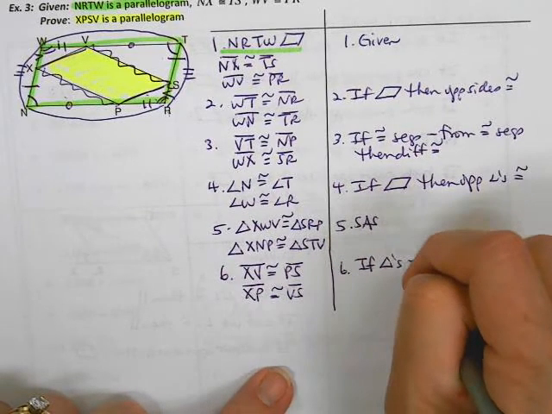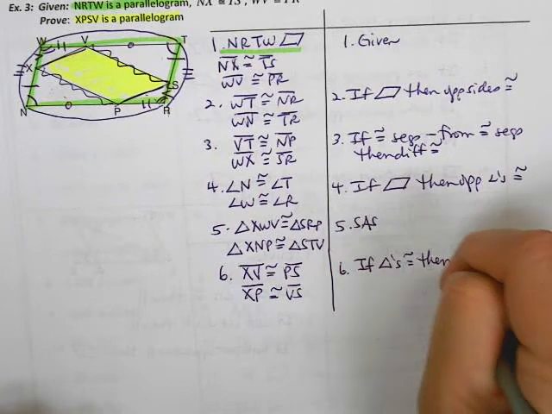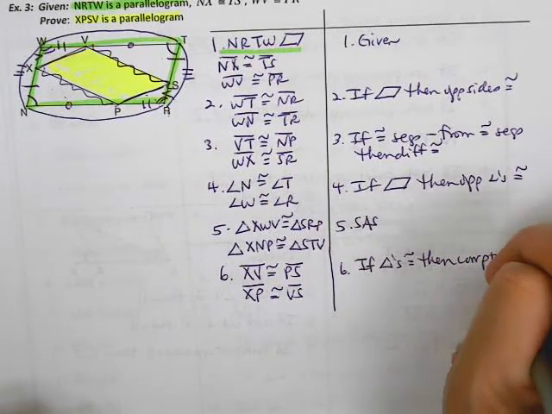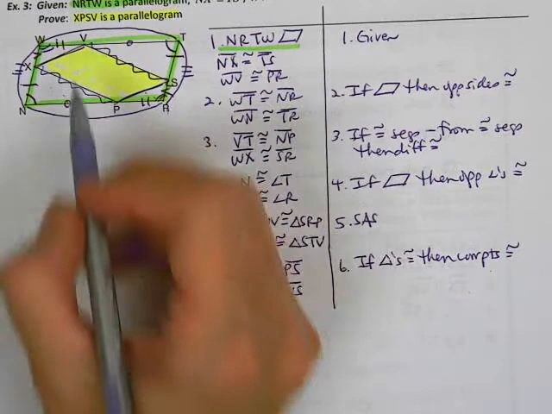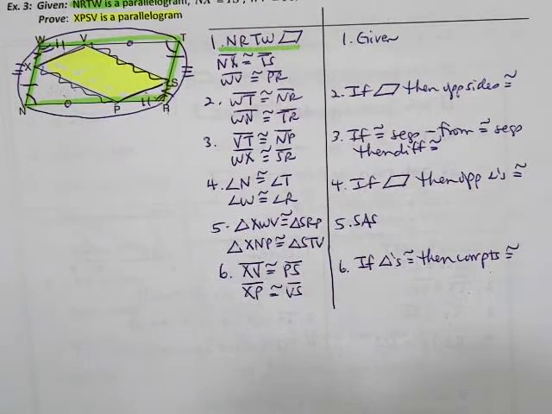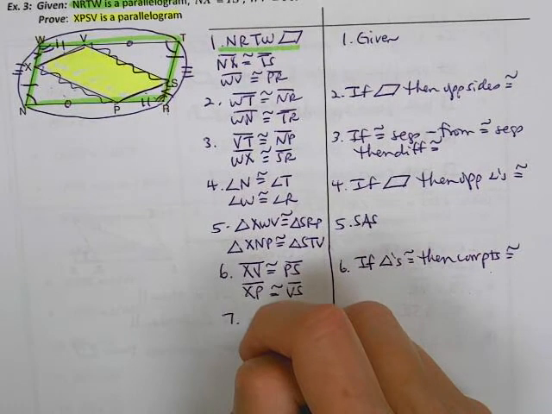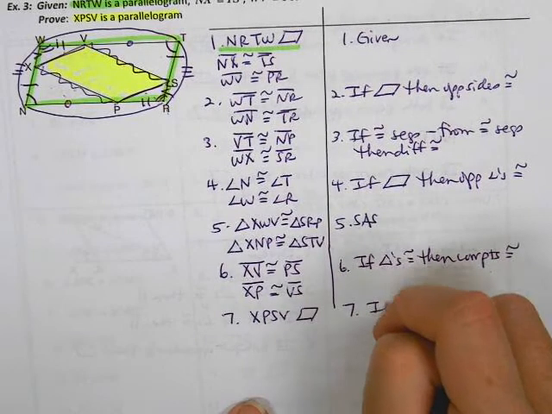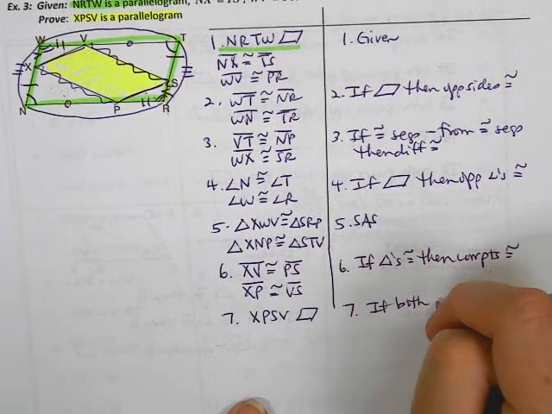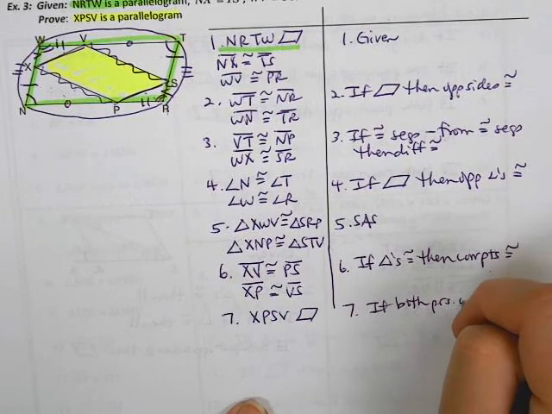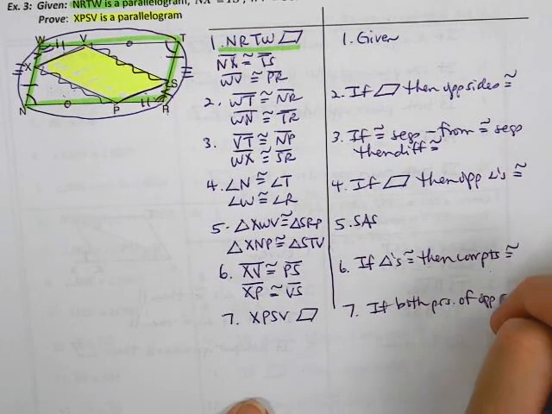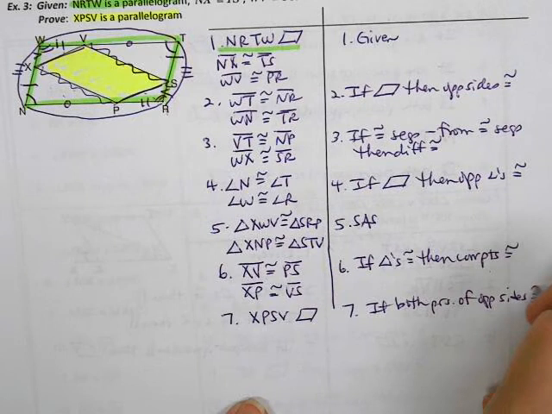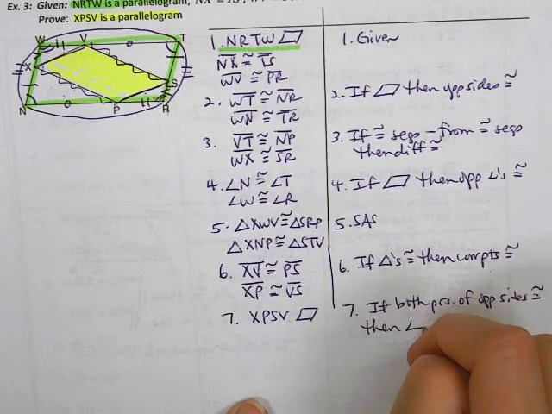So if triangles congruent, then corresponding parts are congruent. Once those are congruent, I have both pairs of opposite sides congruent, so I have a parallelogram. XPSV is a parallelogram. If both pairs of opposite sides congruent, then I have a parallelogram.